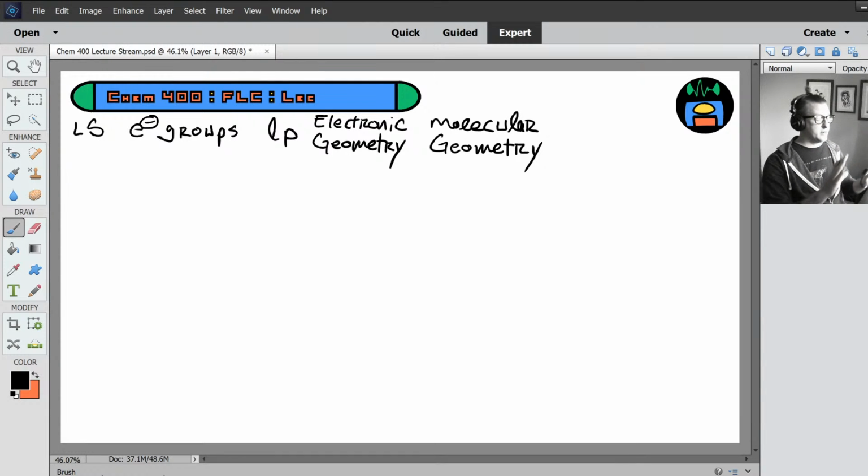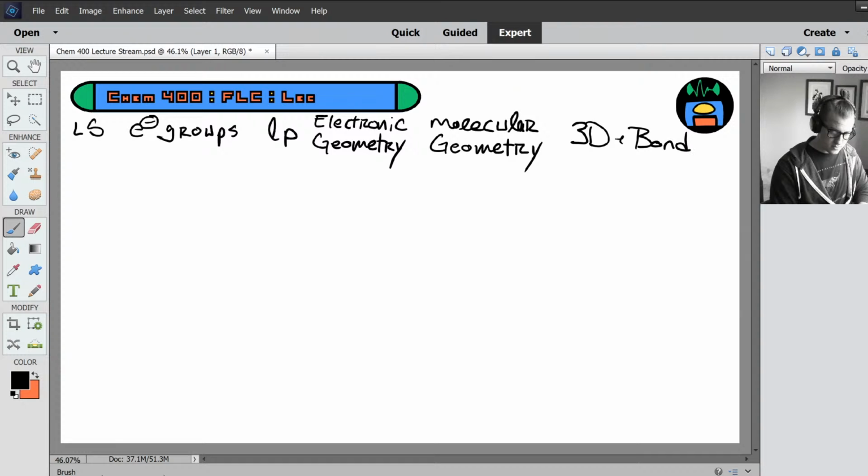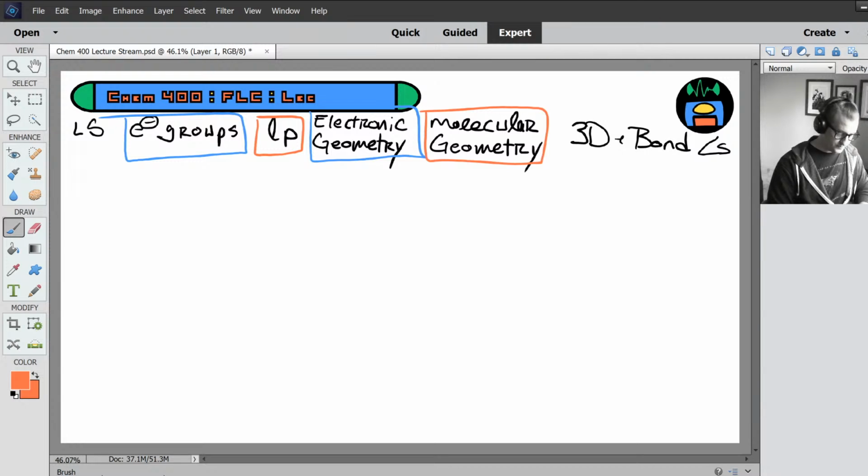The molecular geometry, which is the shape made by only the atoms, not the lone pairs, followed by the three-dimensional representation and bond angle. All right, so we have our electron groups, and our electron groups determine our electronic geometry. Our number of lone pairs determine our molecular geometry.